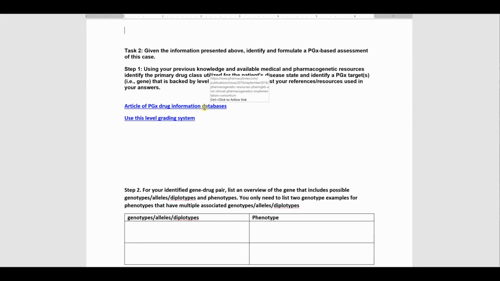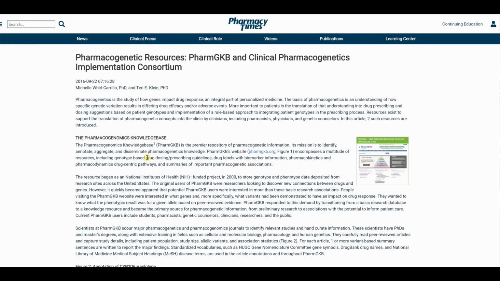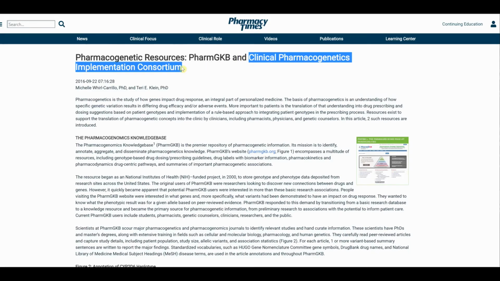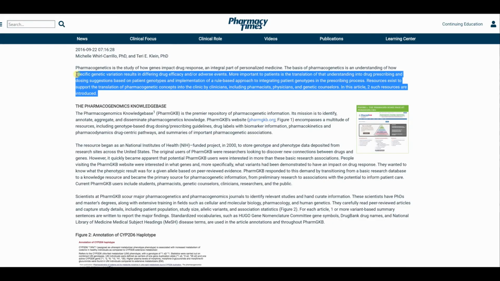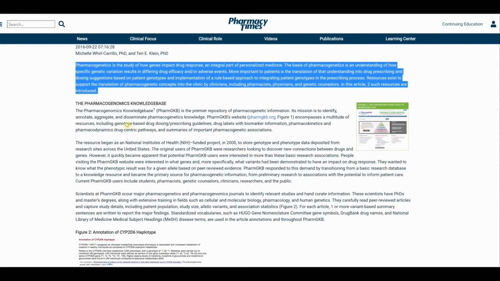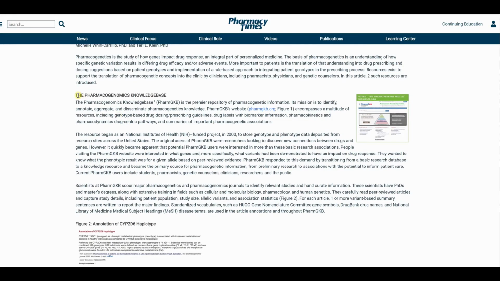So to help you do that, I gave you a very short article on drug information databases. So let's open that up. So this was that first link, Pharmacogenetic Resources, PharmGKB and the Clinical Pharmacogenetics Implementation Consortium. So after doing a quick review of what the heck pharmacogenetics actually is, it gets right into the nuts and bolts here.